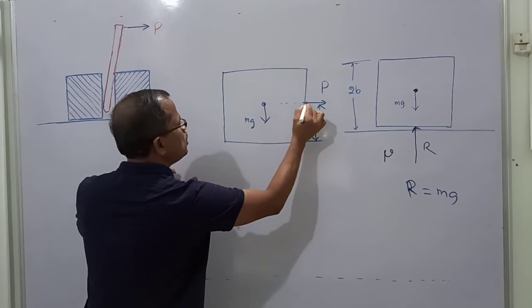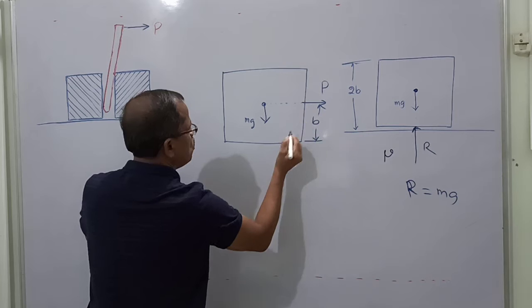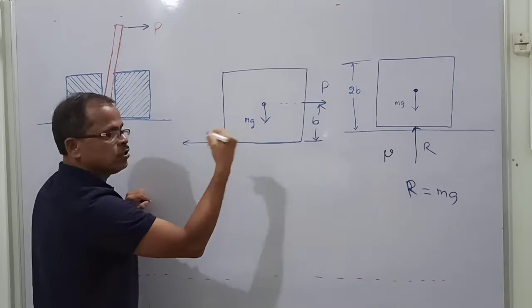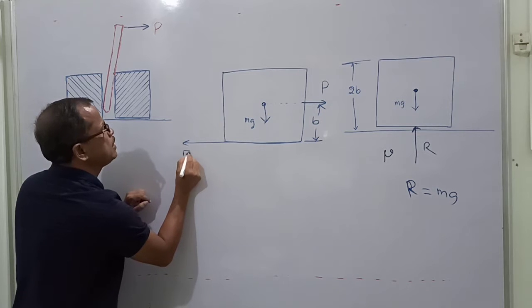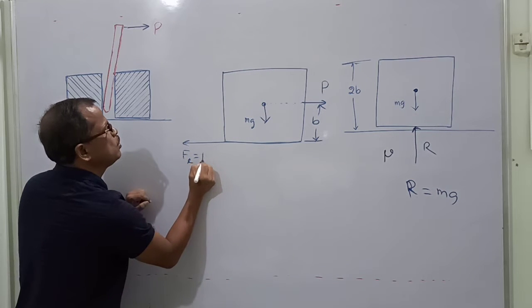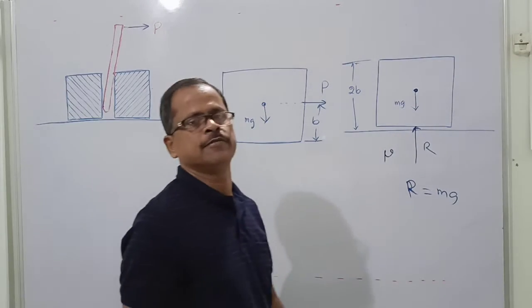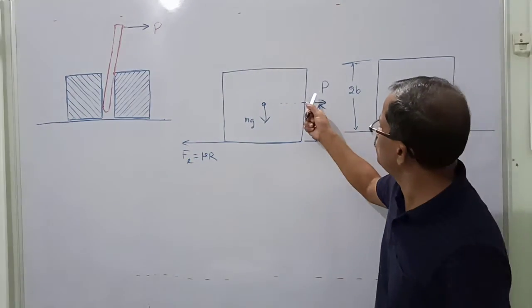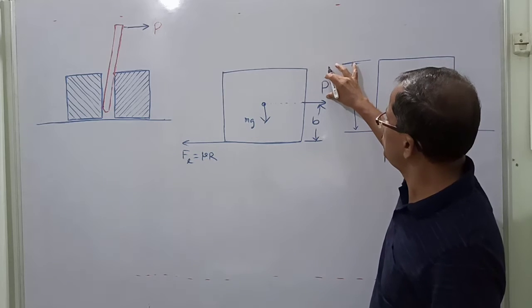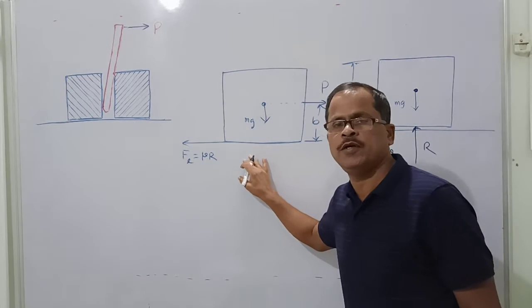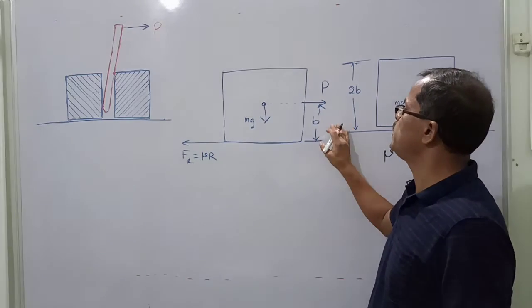Now when I pull the body by a force P, in the condition of limiting equilibrium, the friction force will be acting. That limiting friction is equal to mu R. The applied force P is such that the body is coming to limiting equilibrium.